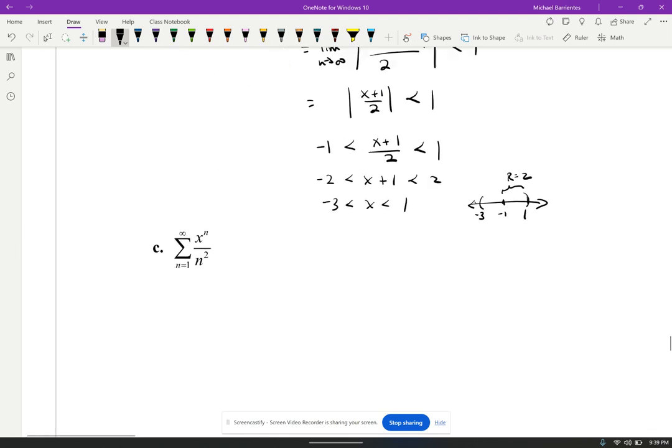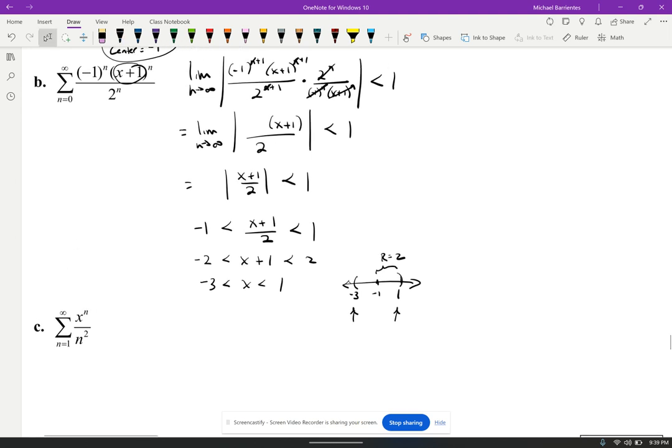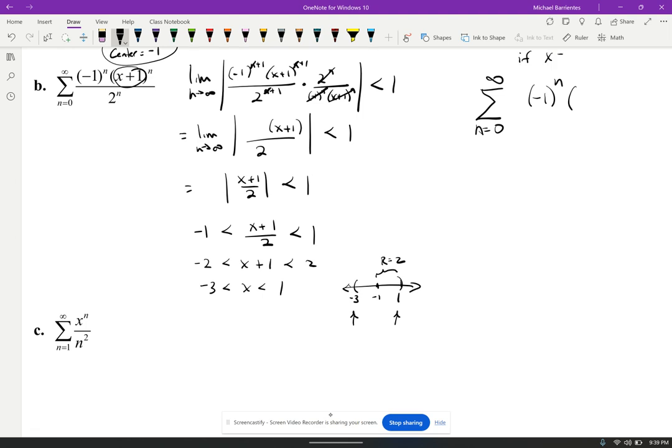However, I need to figure out what happens at the endpoints. So I go back to the original function, and we are going to substitute each of these x values. So what if x equals -3? Then I'm going to substitute a -3 wherever I see an x.